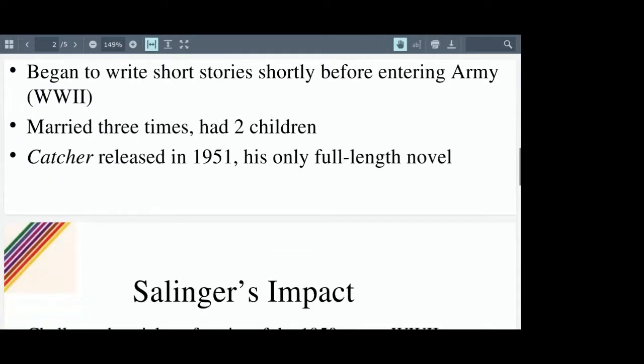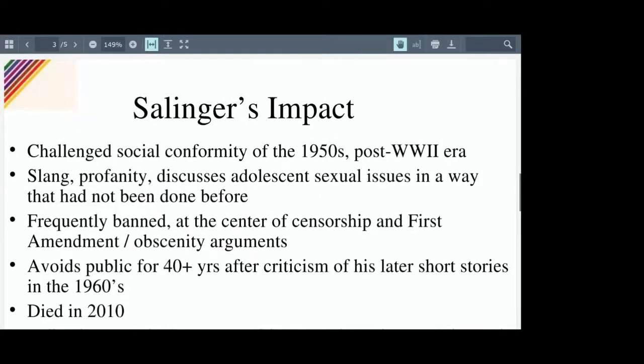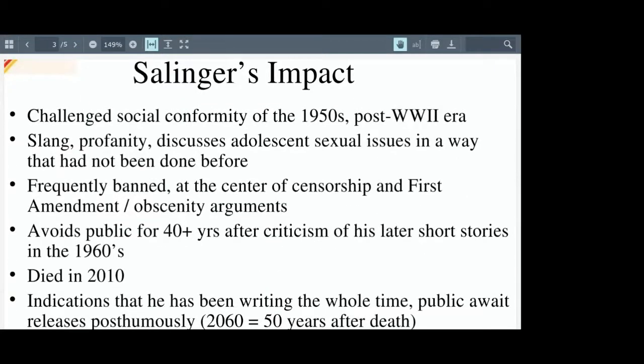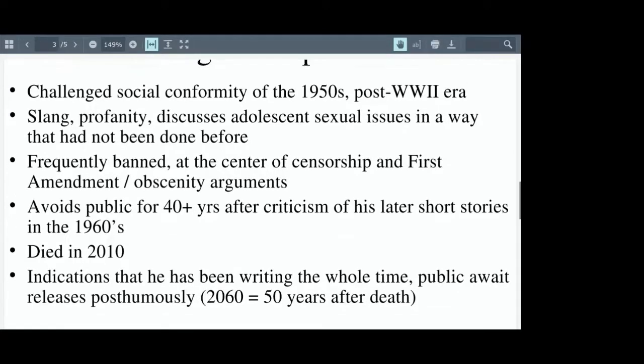So with that said, Catcher was released in 1951, and it changed his life, and it changed Americans' lives as well. It was such an impactful book on our culture. It still is. We're reading it today, not as much as in the 60s, 70s, 80s, 90s, the first 50 years after it had been written.